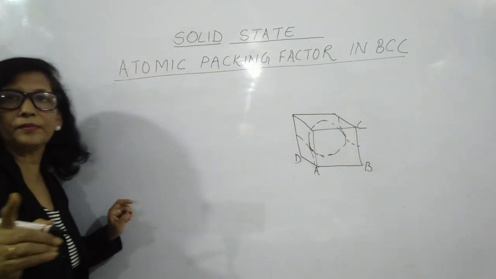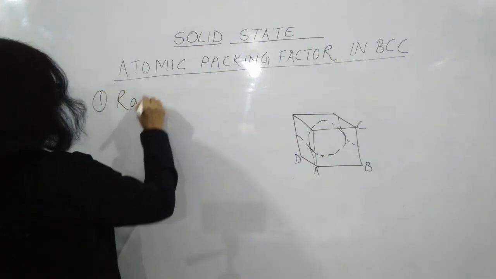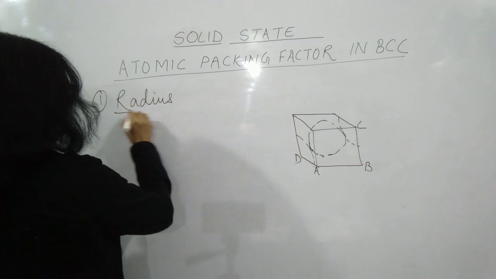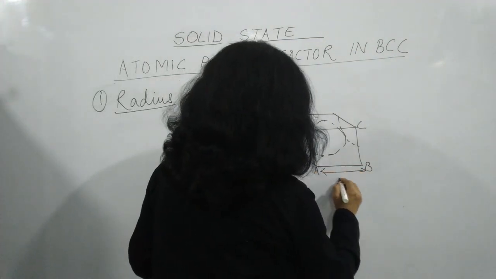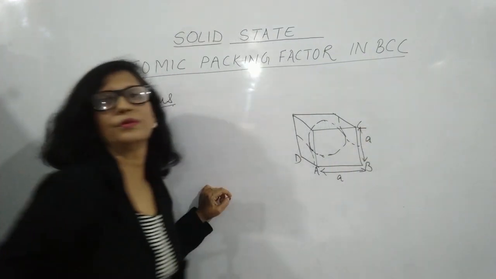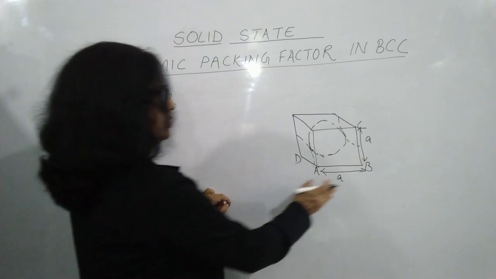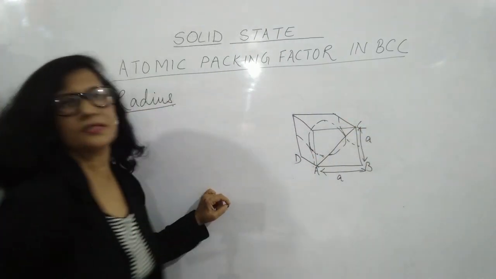So, first step is calculation of the radius. Here this distance is equal to A, this distance is equal to A. AB equal to A, BC equal to A. So, what is this AC?